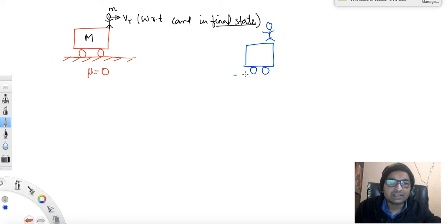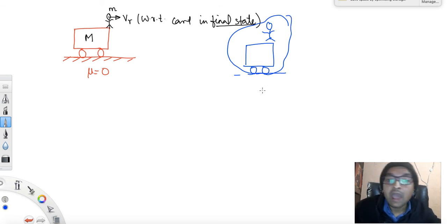How? Well, if we consider these two, cart plus man, as a system, then initially this system is at rest because the man is standing there. And also we see that this is a frictionless surface, so no external force is acting in the x direction, in the horizontal direction.